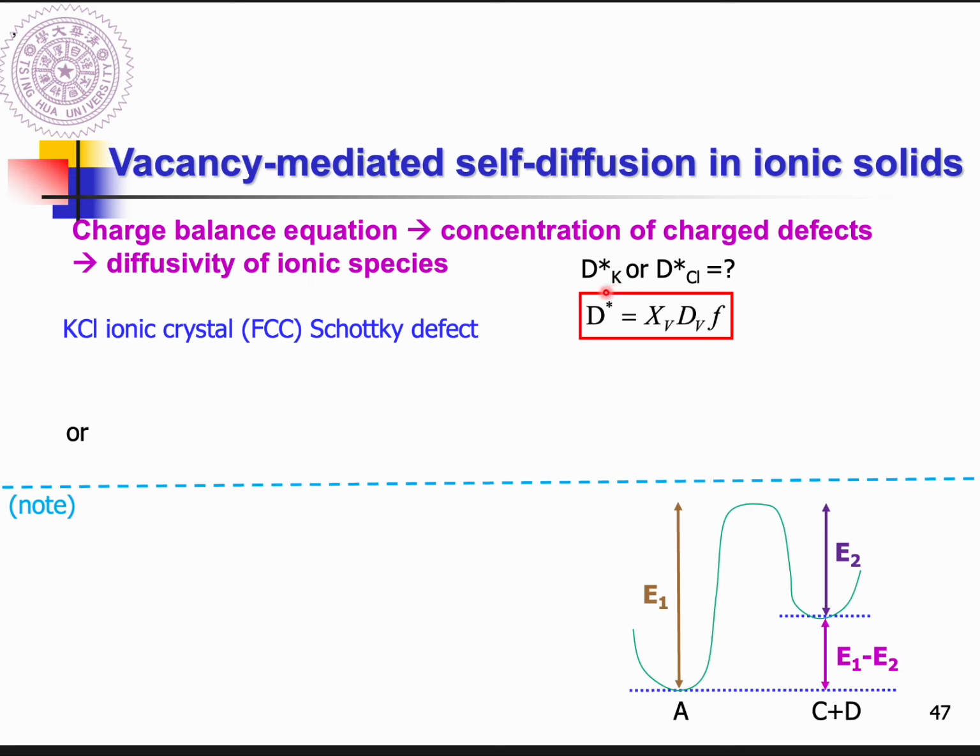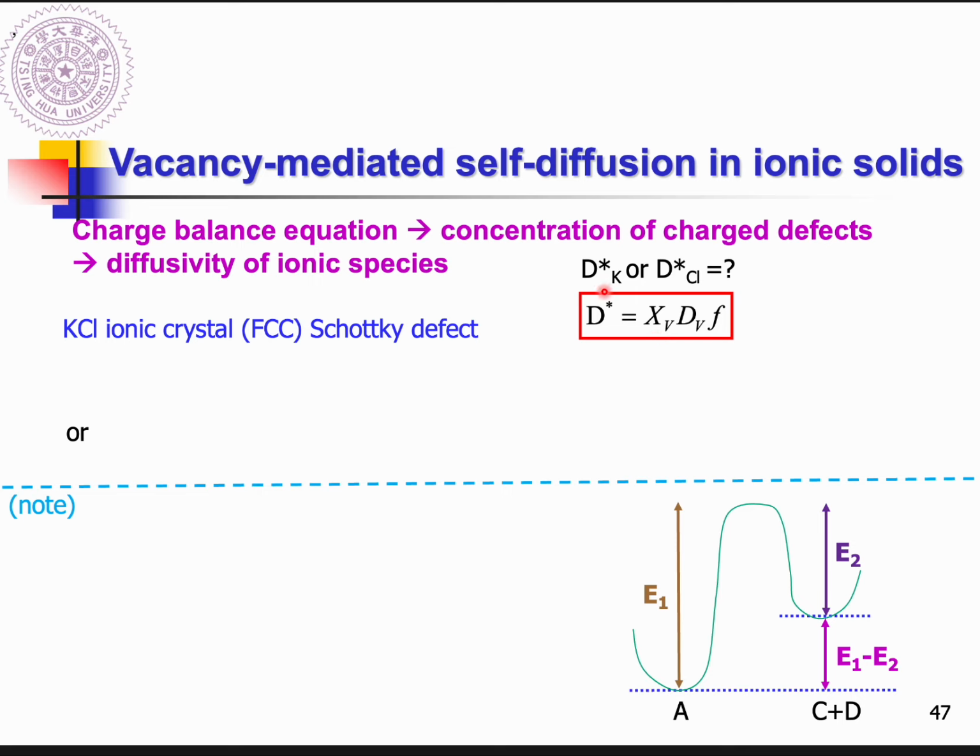Based on this idea, if we want to formulate the diffusivity of potassium ions and chloride ions, we need to know the fraction of vacancy at the potassium site, and the fraction of vacancy at the chloride site, right?